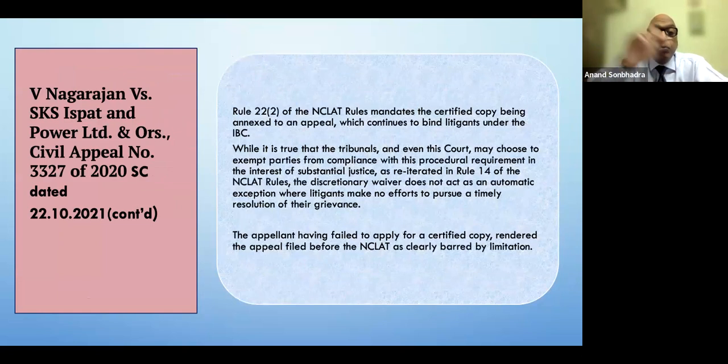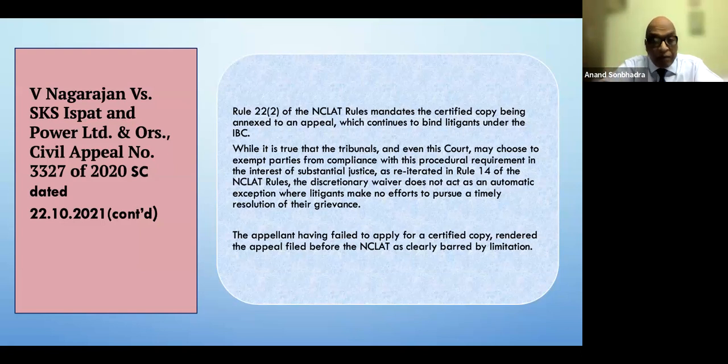I'm just reading that. Rule 22(2) of the NCLAT Rules mandates the certified copy being annexed to an appeal, which continues to bind litigants under IBC. While it is true that the tribunal and even this court may choose to exempt a party from compliance with this procedural requirement in the interest of substantial justice, as reiterated in Rule 14 of the NCLAT Rules, the discretionary, I repeat, the discretionary waiver does not act as an automatic exception where the litigant makes no effort to pursue a timely resolution of their grievance.